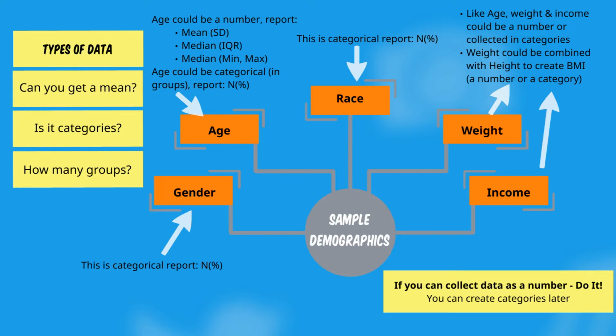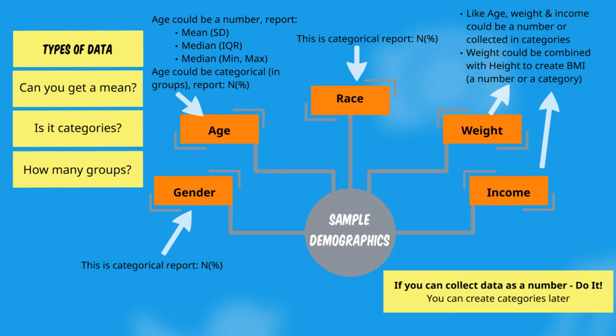You will report N and percent within each category. If you capture weight as a continuous number, you could then combine it with height to create the body mass index. Body mass index is another variable that has a continuous measure, the actual number, but can also be divided into categories such as normal weight and overweight.